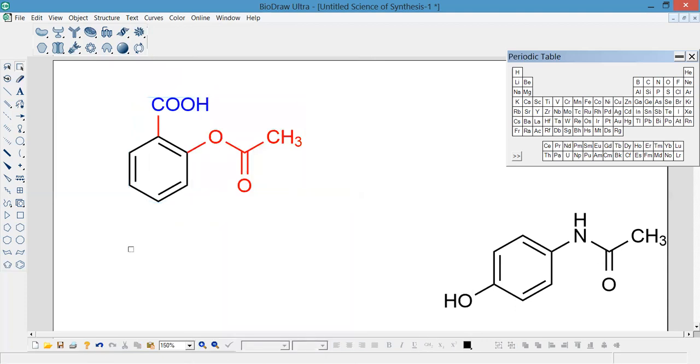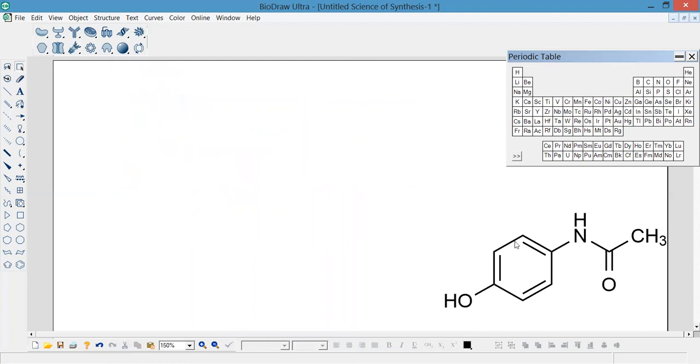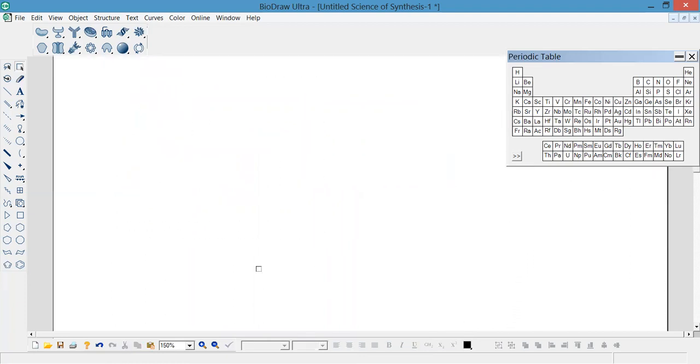Now we will draw the structure of dapsone, and we will further draw the two chemical structures or chemical reactions that we have seen in the experiment.